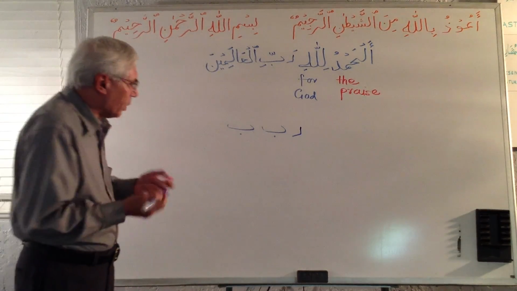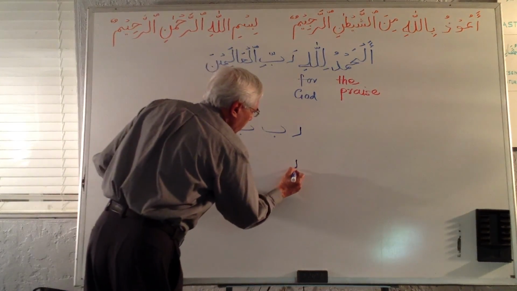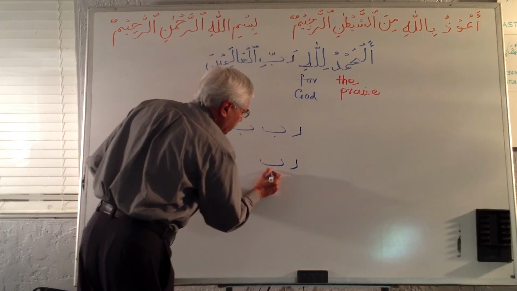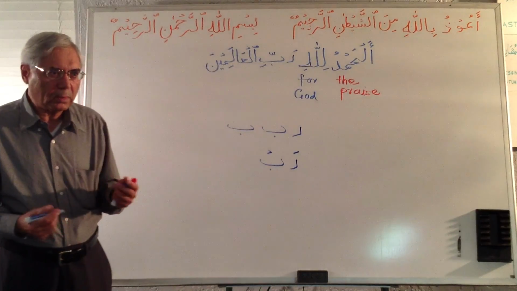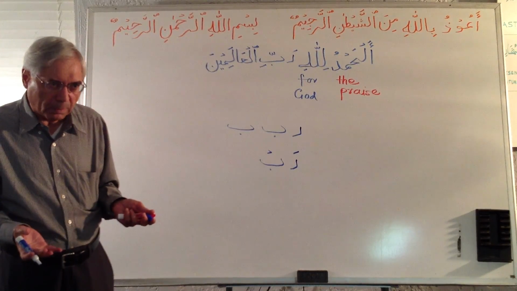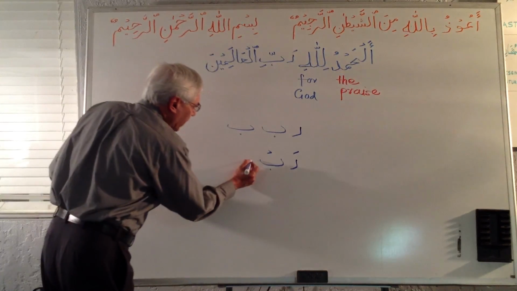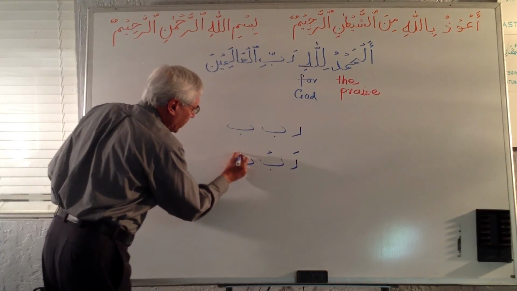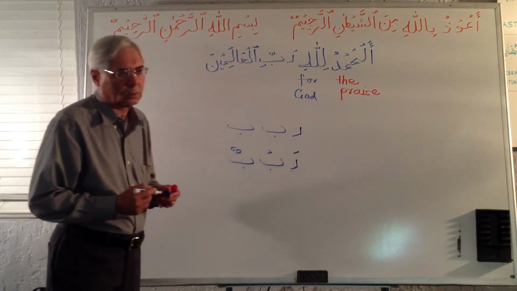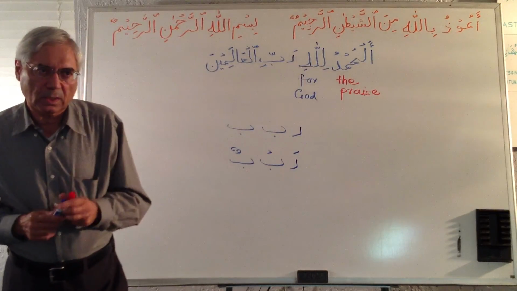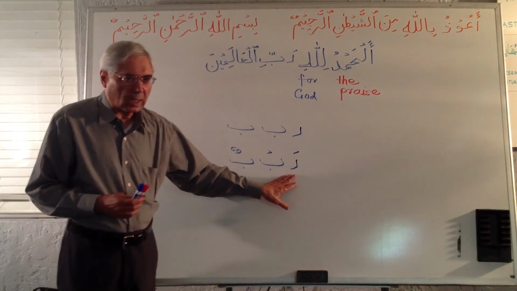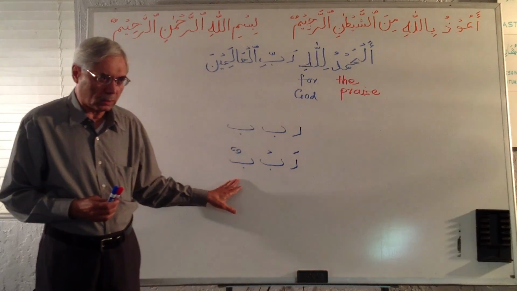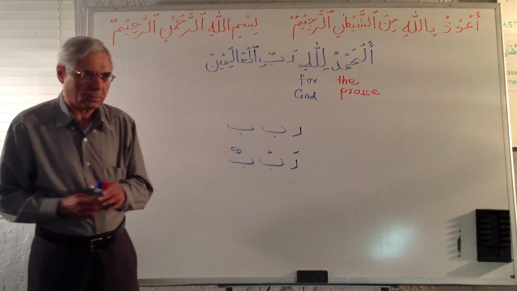When you make a noun, you combine the first and second letters this way, like rabb. Then the third letter you take and put a two pesh or two dhammas on it. So when you pronounce it, this is Rabbun, two bars.